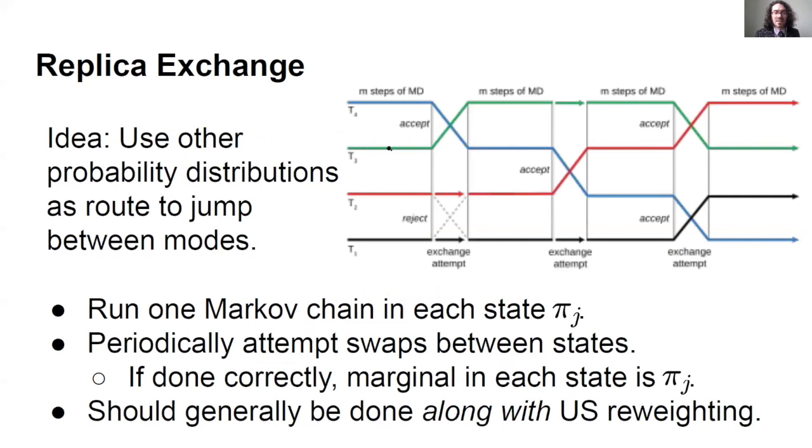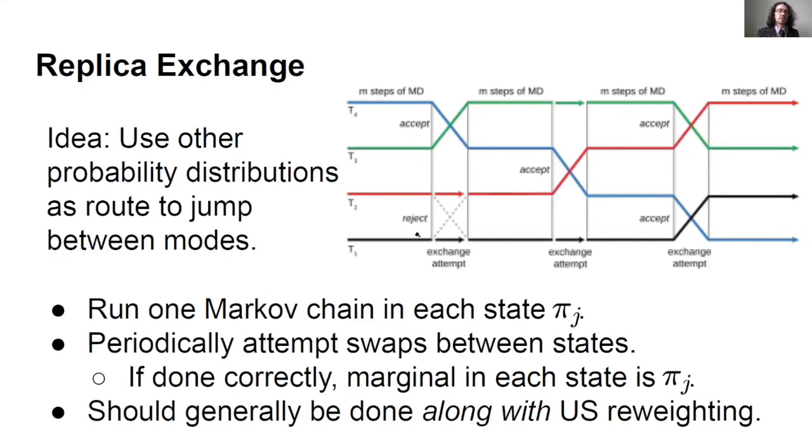So this is what it looks like. Often this is parameterized by another variable called T in molecular dynamics. Then I periodically attempt exchanges between my various different states, and I accept and reject them using a separate rule. If I do this correctly, the marginal in each state is exactly pi j.